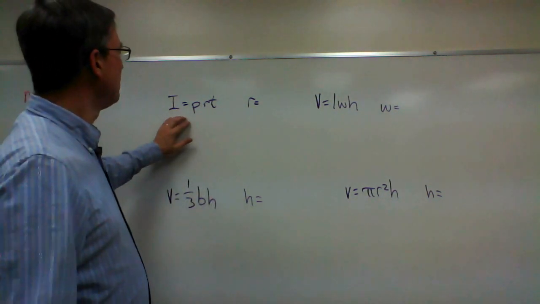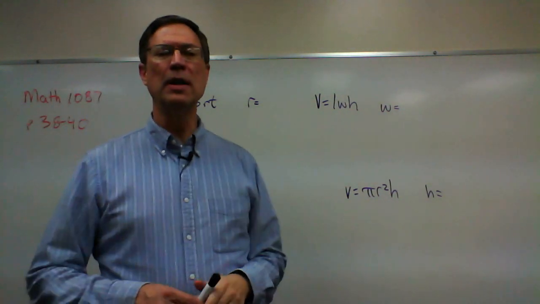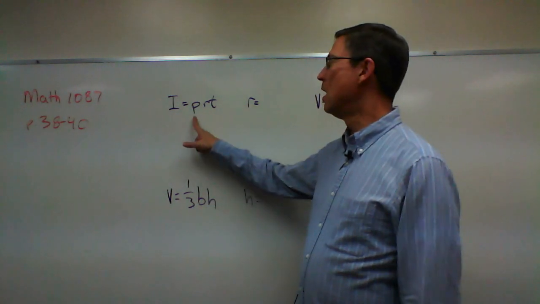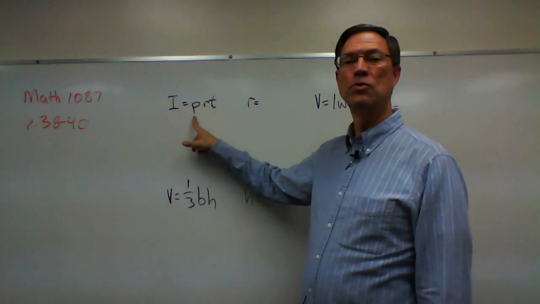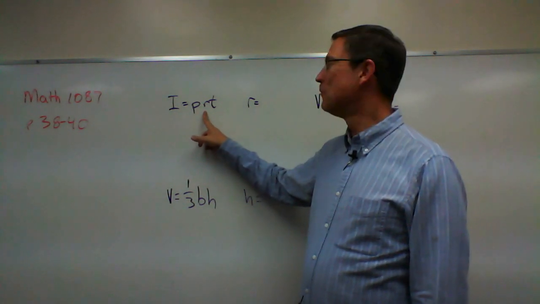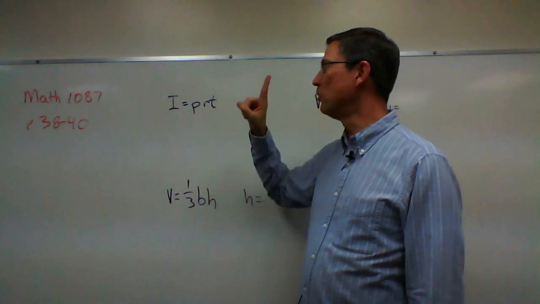So this equation, I equals PRT, that's for calculating interest, okay? If you took $100 to the bank and their interest was 5%, that would be awesome, okay? And the time is in years. Let's say you put your money in for 1 year.